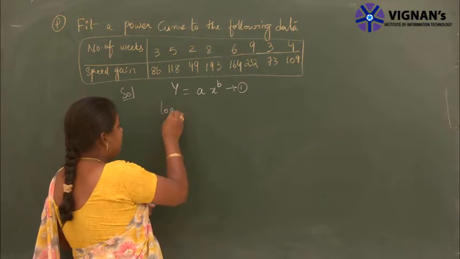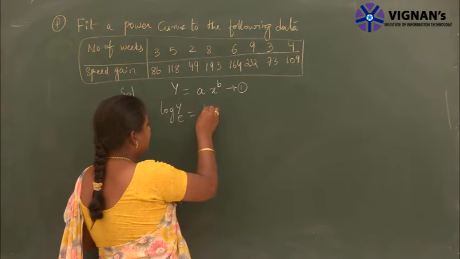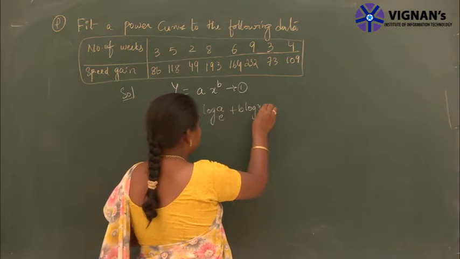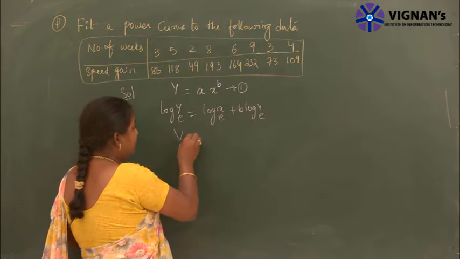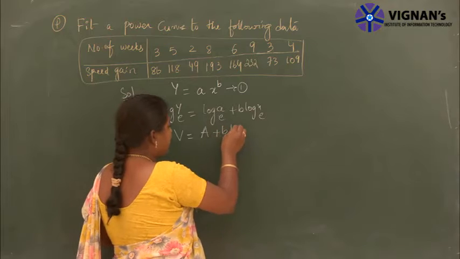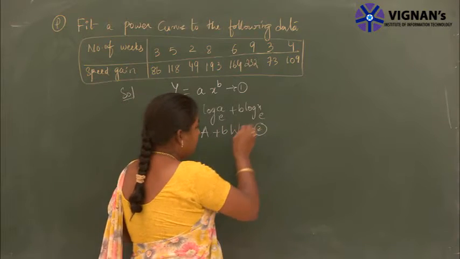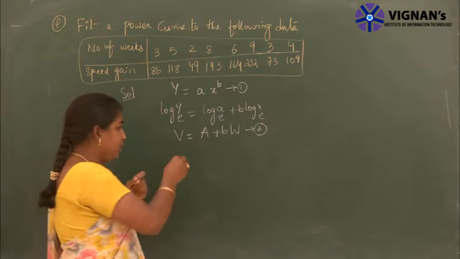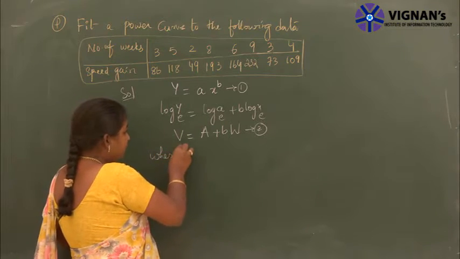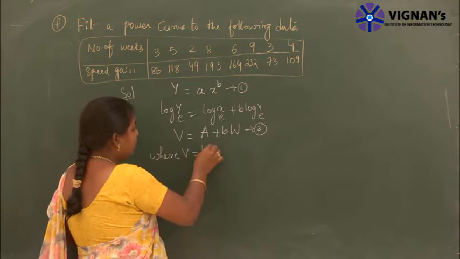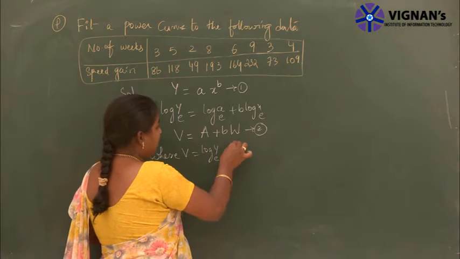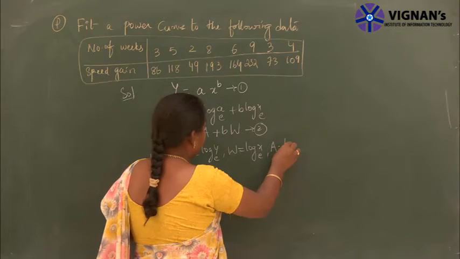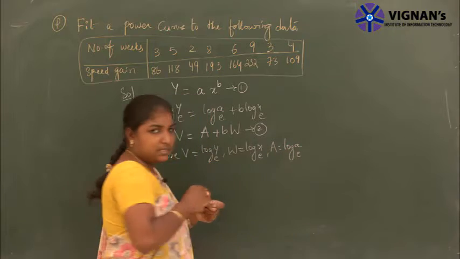This can be written as log y base e equals log a base e plus b times log x base e, also written as V = A + bW. Let this be equation 2. We change equation 1 into a straight line equation where V is log y base e, W is log x base e, and A is log a base e.